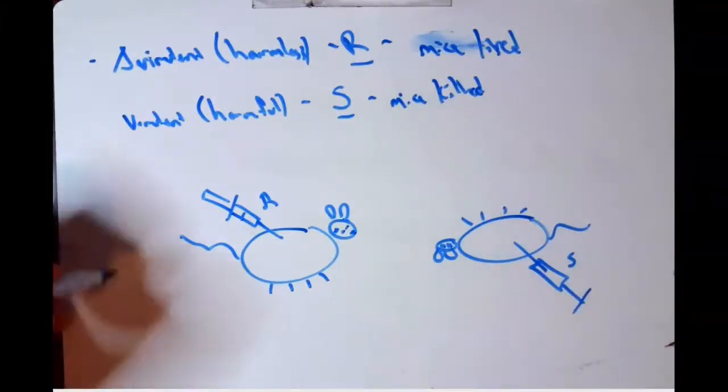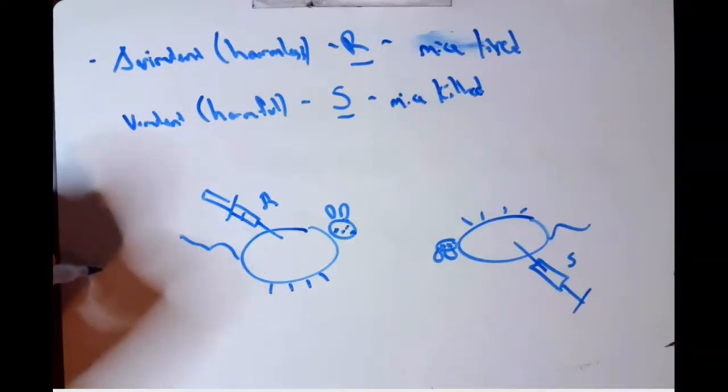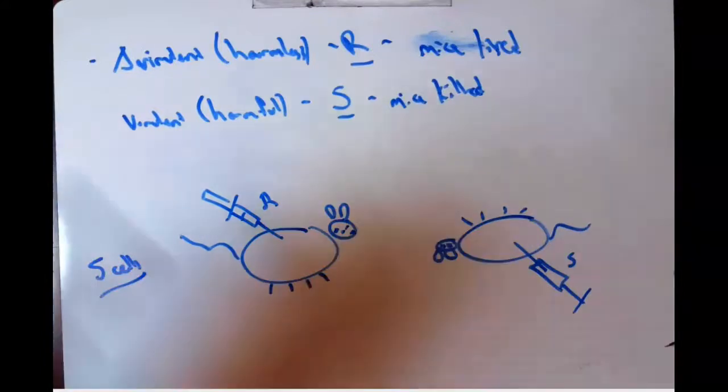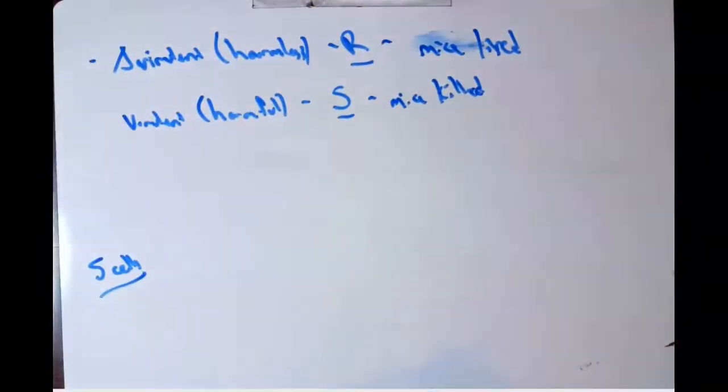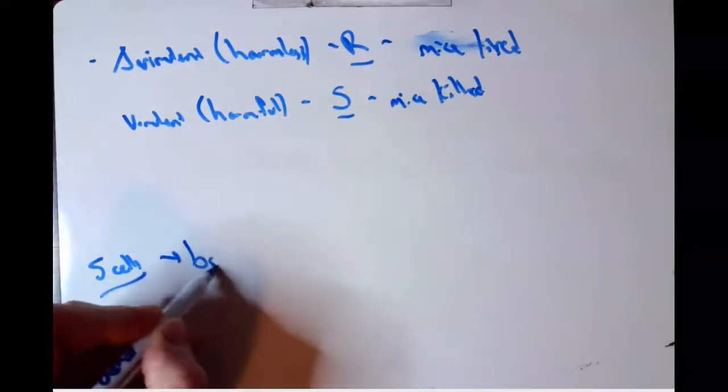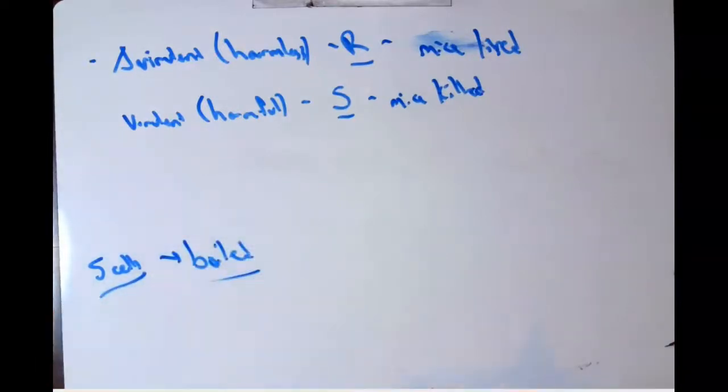Then what he did was he took S cells, which are virulent and can kill a mouse, and he boiled them. Boiling, of course, kills any living thing. Kills a lobster, kills bacteria, kills these S cells.